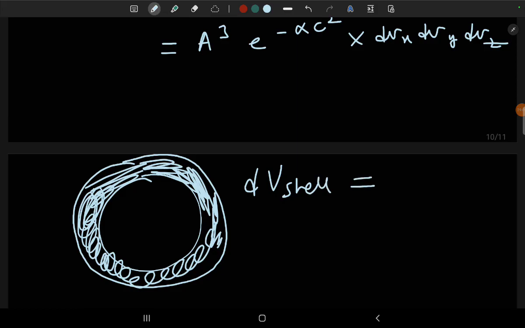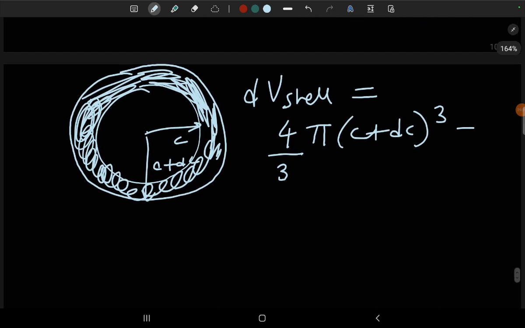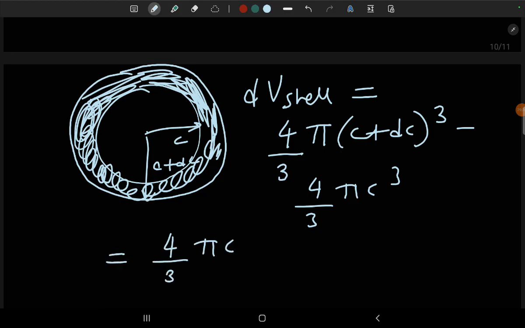This dv shell will actually be given by, remember that this is at a distance c, and this is at a distance c plus dc. We have translated the problem from velocity to speed, so the volume will be given by 4 by 3 pi (c plus dc) whole cubed minus 4 by 3 pi c cubed.